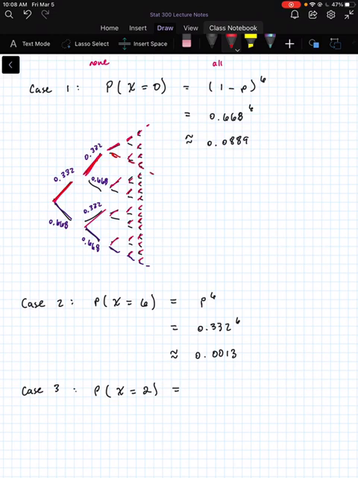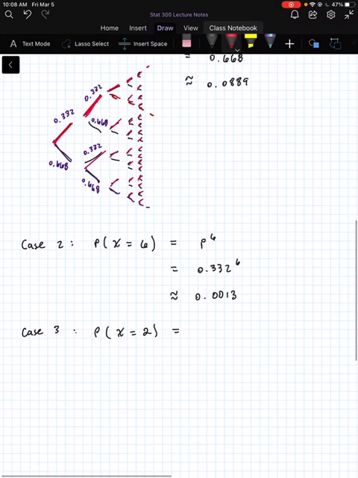That doesn't necessarily mean that's the only possible branch. In fact, any branch that has 2 people who do have it and 4 who don't will be part of this event. So in that outcome, we have 2 people who have it, 4 people who don't. So we have this factor of p squared times 1 minus p to the 4th, and that's representing those probabilities. So that's that branch.